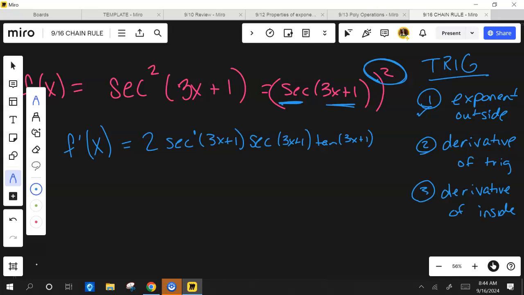Now you do the derivative of the inside. Since the argument is the same on all of these, you can clean it up just a little bit. 6. Now I have secant squared 3x plus 1 times tangent.